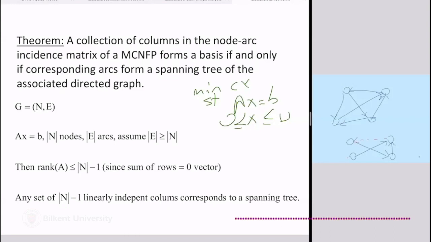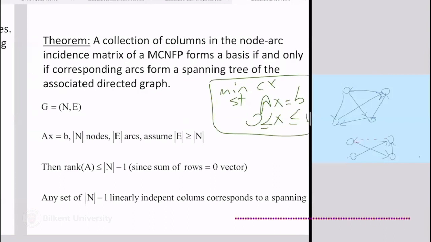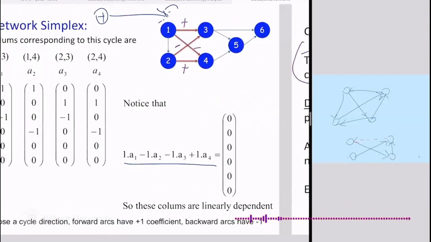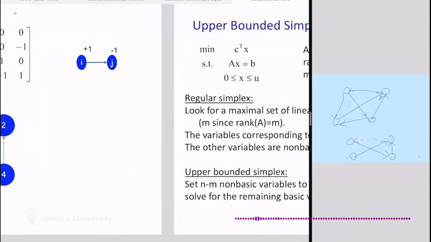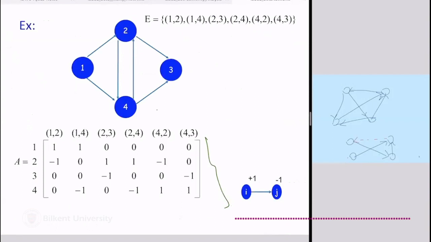Why? Now I'll go back a little bit and show you a node arc incidence matrix. Here it is. For this graph here, this thing is my A. Now look at the columns. What happens if you add them up? Can this matrix have full rank, which is the minimum of the number of rows and columns?